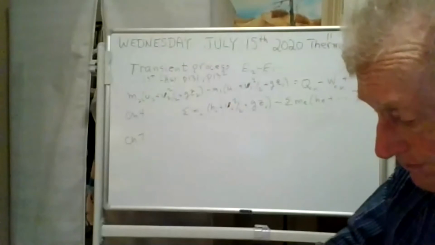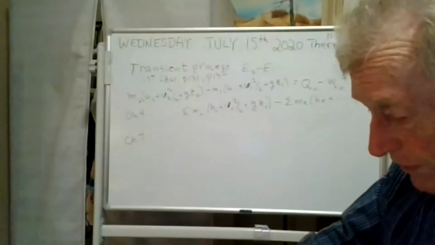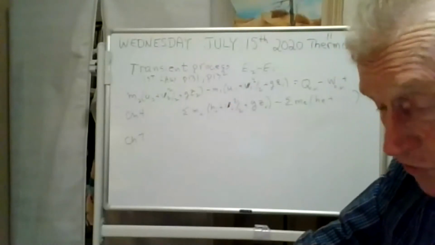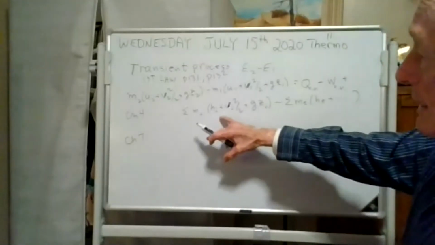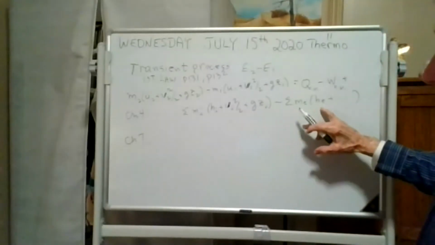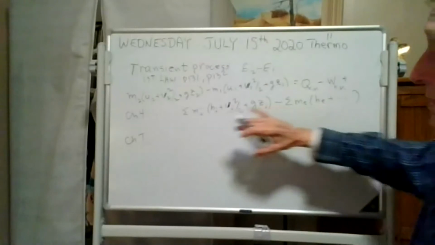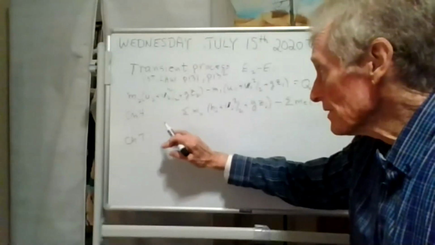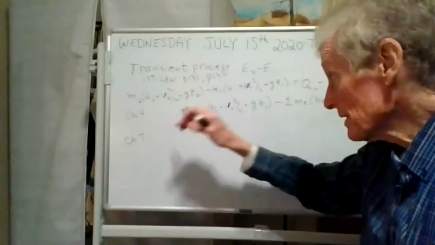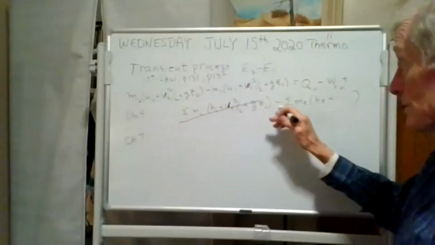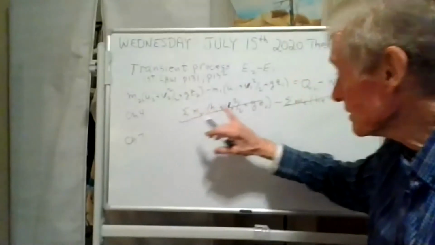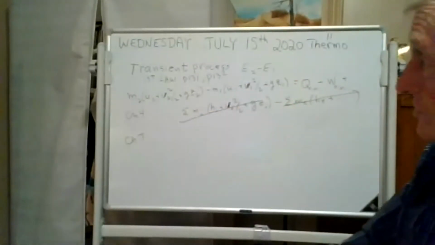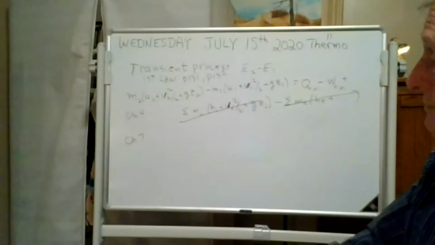For instance, if you have a control mass, then you don't have any incoming or any exiting. These terms are zero. There is no incoming mass and no exiting mass, so those terms go bye-bye.